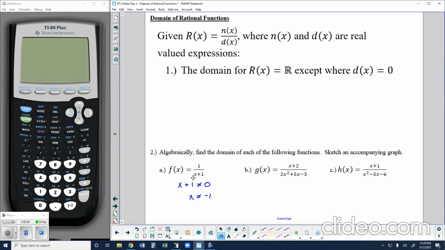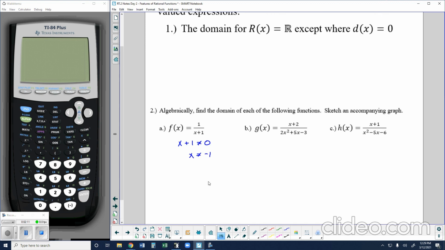In this case, we can see the factored form of the denominator for 2a, and negative 1 cannot be a value because that would set the denominator equal to 0, and we could not divide by the denominator. So we would say that the domain for this function would be all real numbers not equal to negative 1. You could also write this as x is less than negative 1 and x is greater than negative 1.